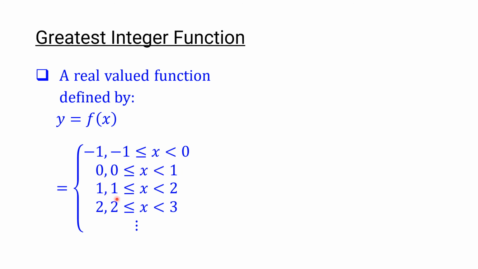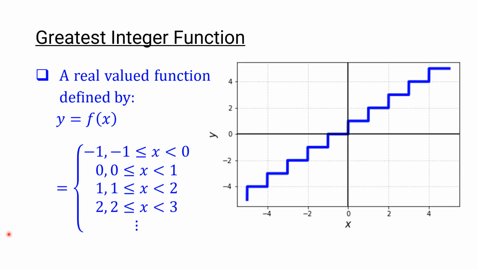If x is between 1 and 2, it gives the value 1. If x is between 2 and 3, it gives the value 2, and so on. Therefore, the domain of this function is all real values of x, and the range of the function is only integer values. Graphically, this function is shown like this.